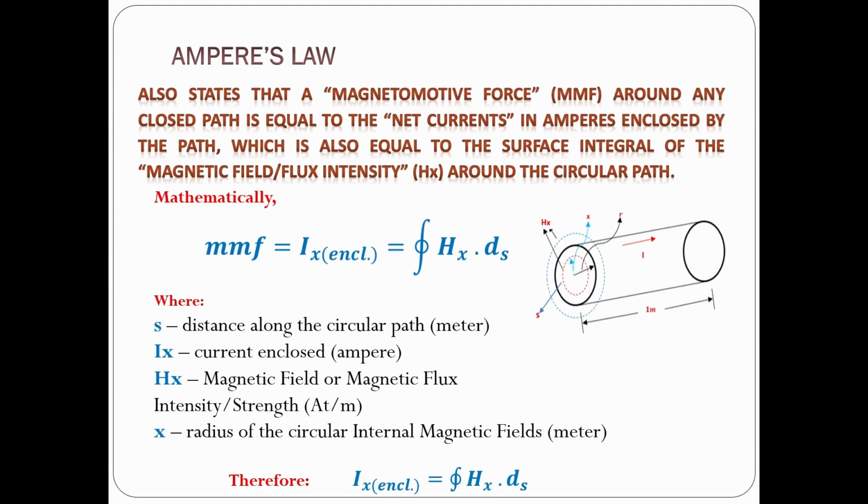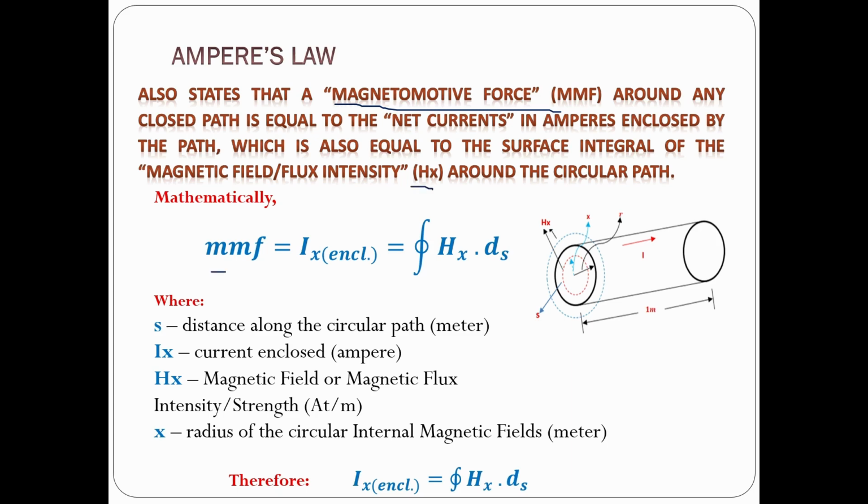It is stated also that a magnetomotive force, MMF, around any closed path is equal to the net current in amperes enclosed by the path, which is also equal to the line integral of the magnetic field intensity Hx around the circular path.